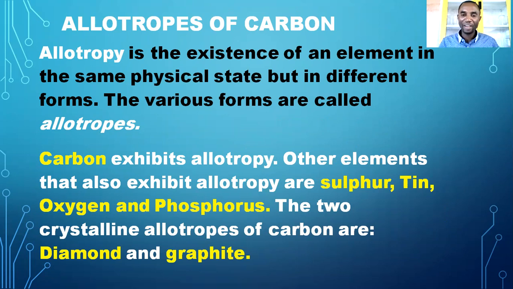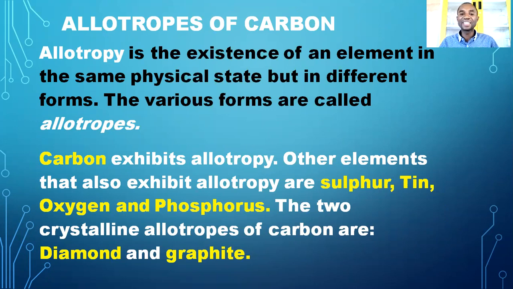Carbon can exist in diverse ways. We have what we call allotropy, whose forms are allotropes. Now, don't be confused between allotropes and allotropy. Allotropy is just a phenomenon.